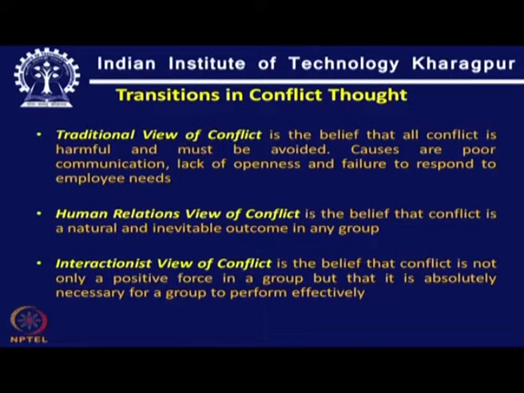So, the traditional view of conflict is that conflict is generally harmful in nature and should be avoided. It is the dysfunctional view of conflict, which treats conflict as arising from poor communication, lack of openness, and failure to respond in a certain way.